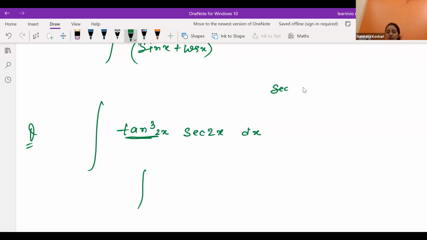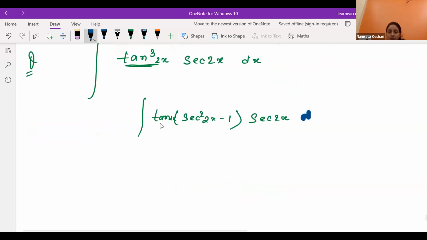Yes. Okay, sec square minus tan square is equal to 1. So tan square is sec square 2x minus 1. Here still we are having sec 2x, and here we can take the same tan 2x. Now what can be done?